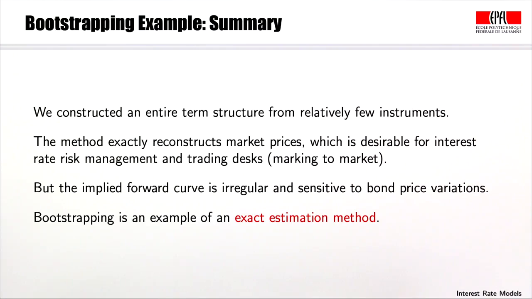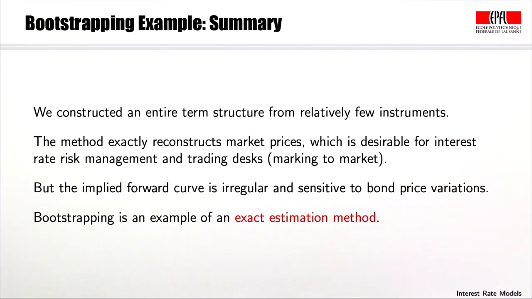So in sum, the bootstrapping gives us an entire term structure from relatively few instruments. We had 3 LIBOR, 5 futures contracts, and 9 swap contracts.